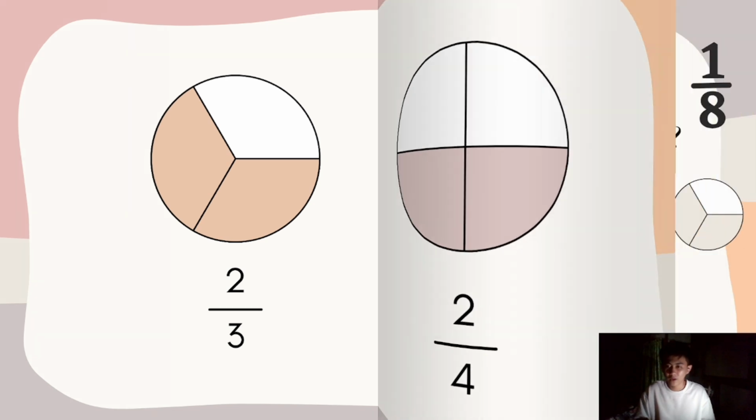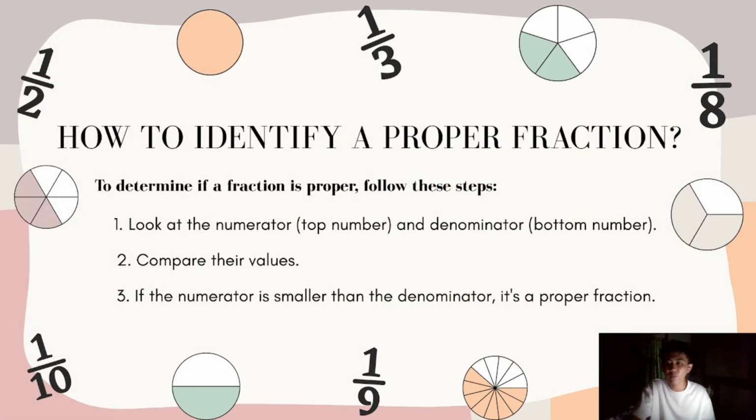Next is how to identify a proper fraction. To determine if a fraction is proper, you can just follow these steps. First, look at the top number, the numerator, and the bottom number, the denominator. Next, compare their values.